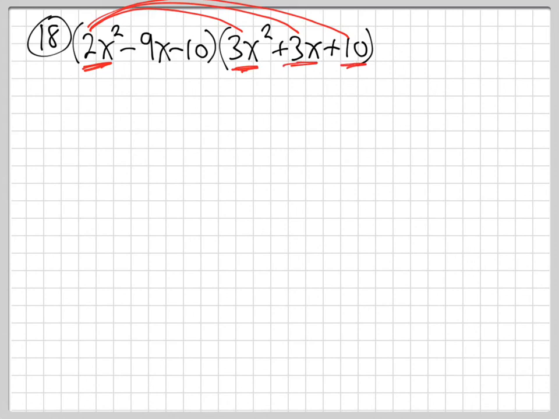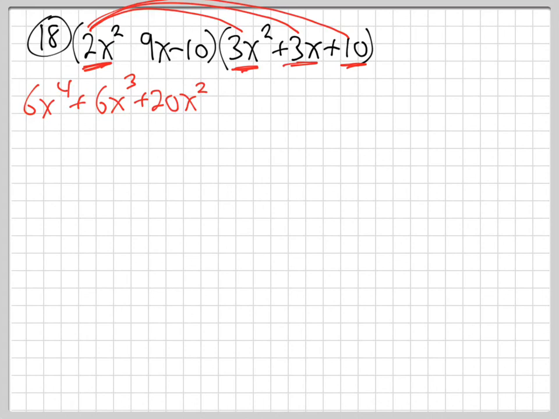And when he's done, the minus 9x is going to go to all three. Keep going. All right, I'm going to jump in. Out front numbers multiply, powers add. So those are the first three.